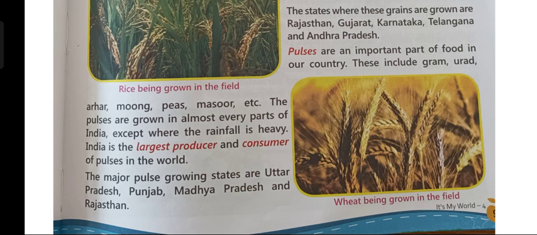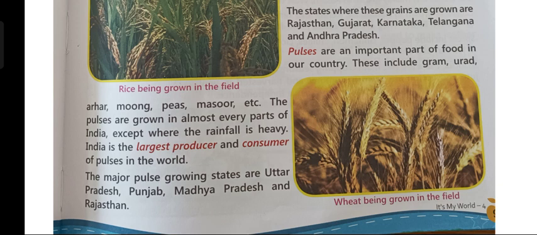Now, some common pulses that you will find in your kitchen are gram, urad dal, arhar dal, moong dal, peas, masoor dal. All these are examples of pulses. Now, children, pulses are grown in almost every part of India except where the rainfall is heavy. In such places, pulses can't be grown.